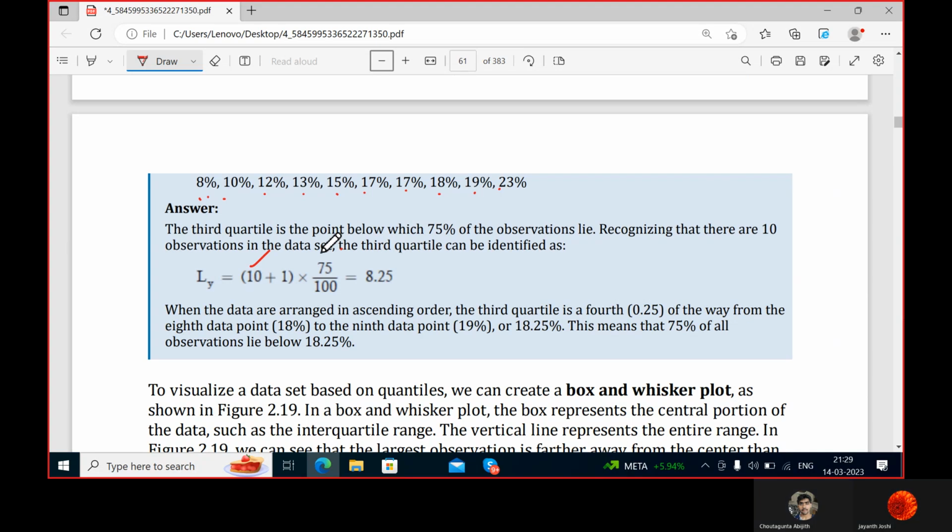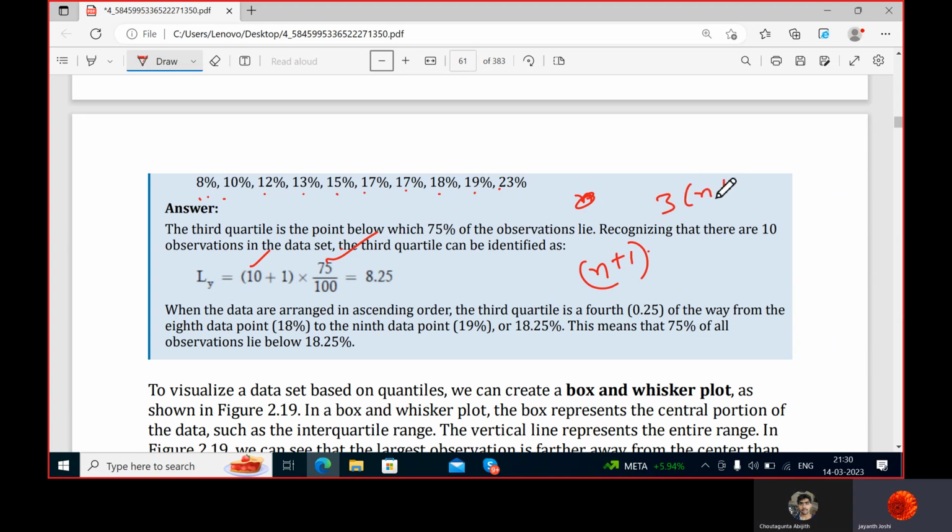So we take 75% here. 75 by 100. If it is the first quartile, we take only 25 by 100. That makes sense. Or else you can do one thing. N into, if I take n plus 1, can I take this like into, if third quartile?